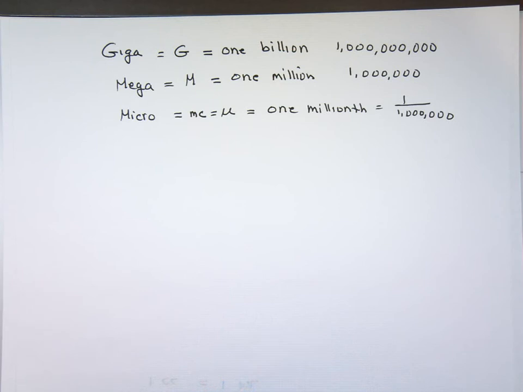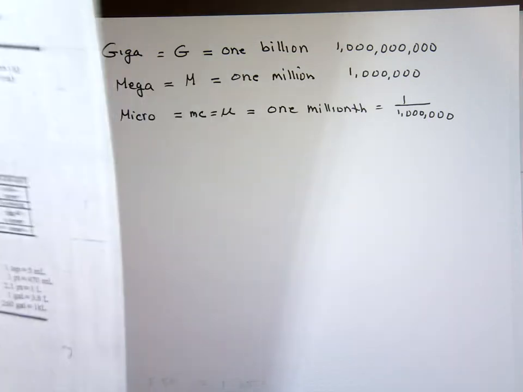Now, can we convert between US units and the metric units? And the answer is yes. Now, I don't know if I have these on the cheat sheet. I do have them right here.